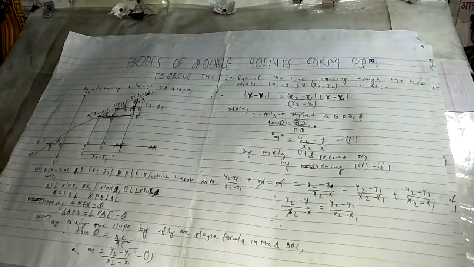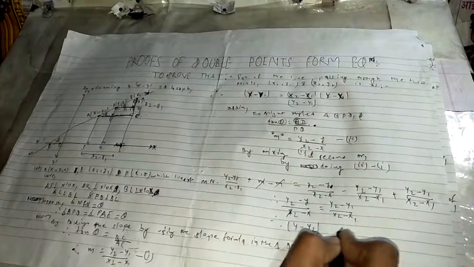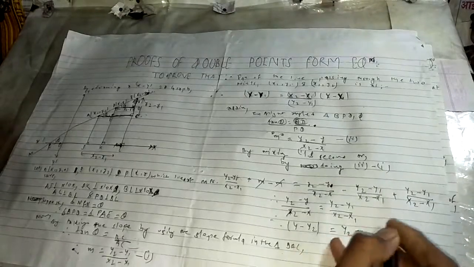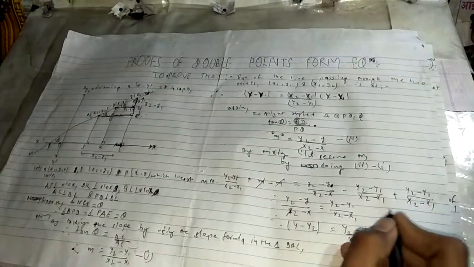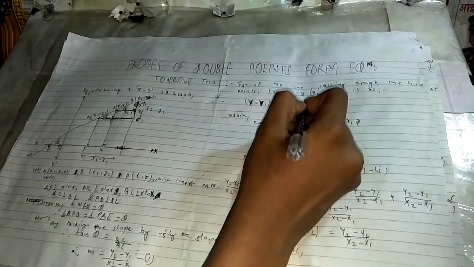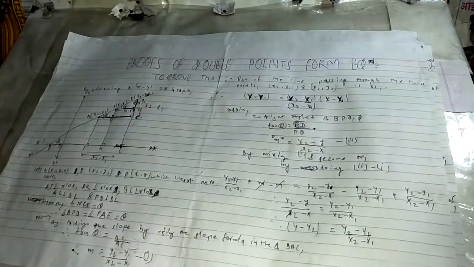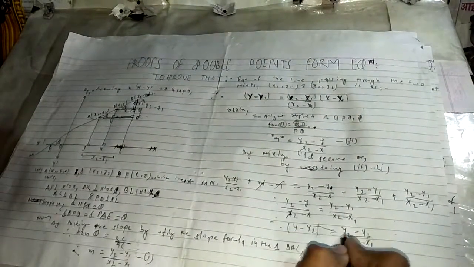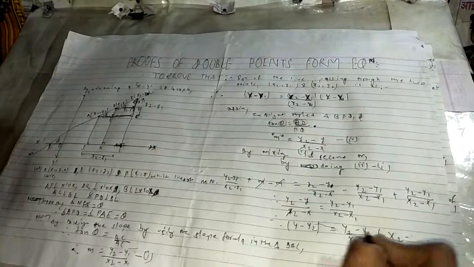Therefore y minus y2 equals y2 minus y1 by x2 minus x1. Sorry, here is a mistake.